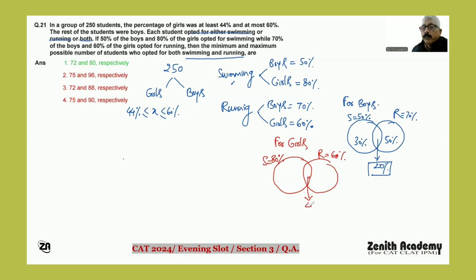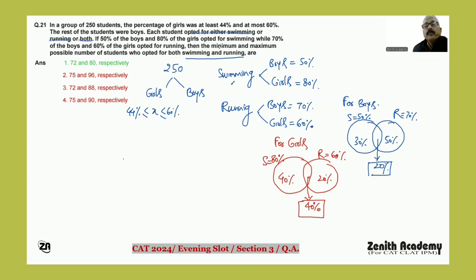So 40% for swimming and running both. So 80 minus 40, 40% only for swimming and 20% only for running. So here 40% girls opted for swimming and running both, and here 20% of boys opted for swimming and running both.